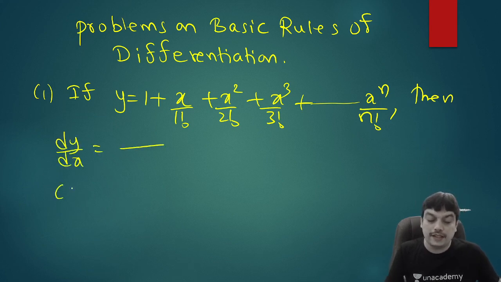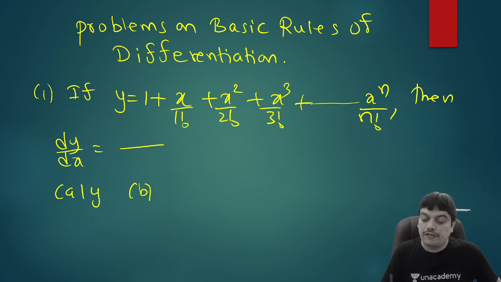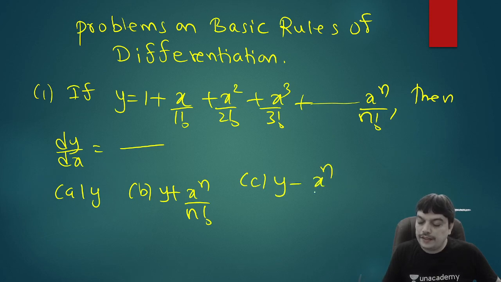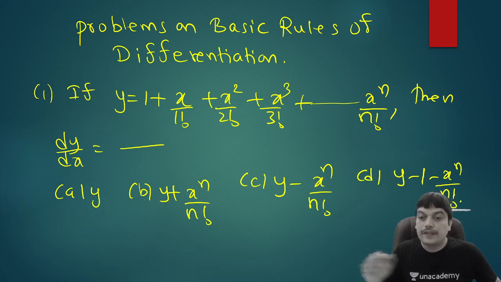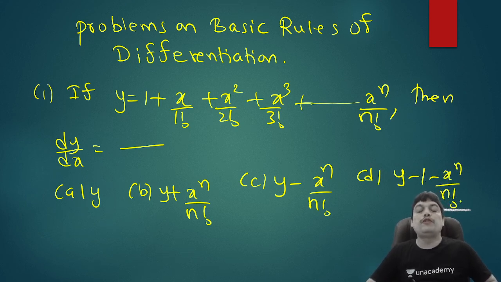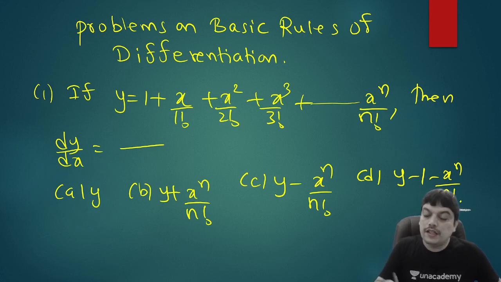The options are: y, y plus x power n by factorial n, y minus x power n by factorial n, and y minus 1 minus x power n divided by factorial of n. Before I discuss this, I would like all of you to try this and then see the solution.